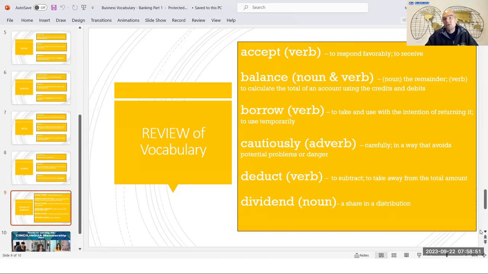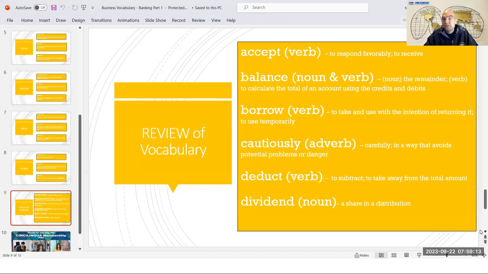So you accept an offer. If it's a good offer, we're going to agree to that offer, and we are going to respond favorably to that offer. And we're going to say, yes, I accept that good offer. I will take that offer.